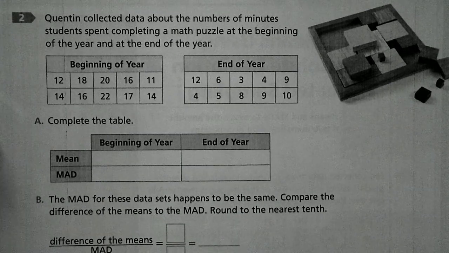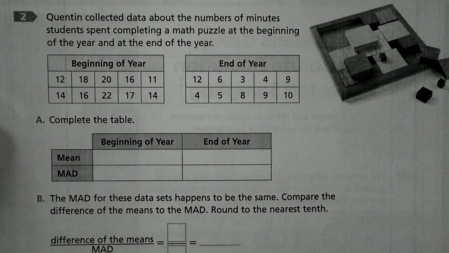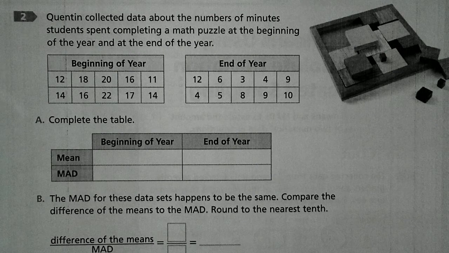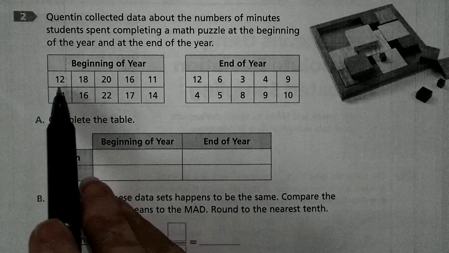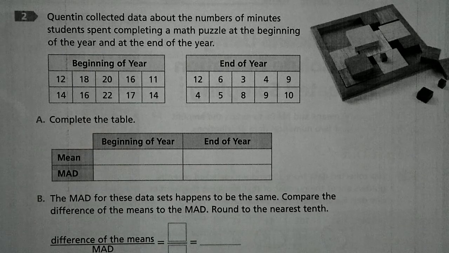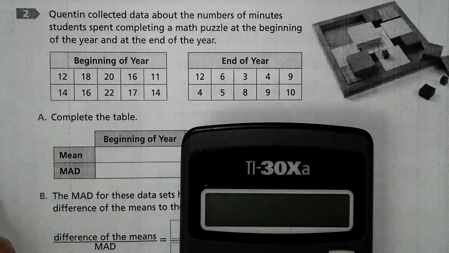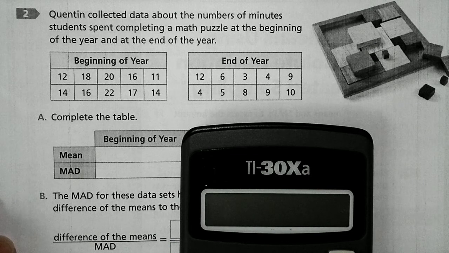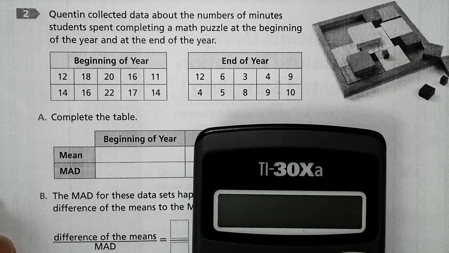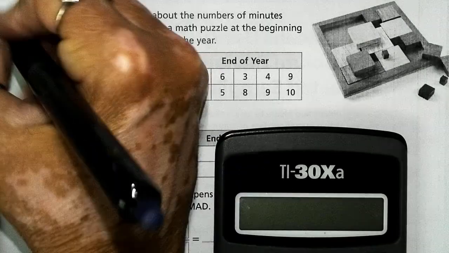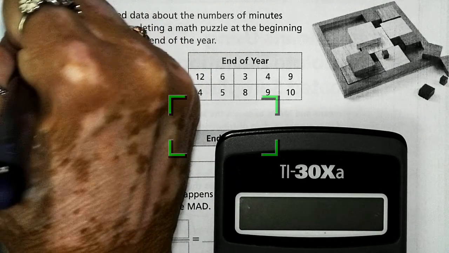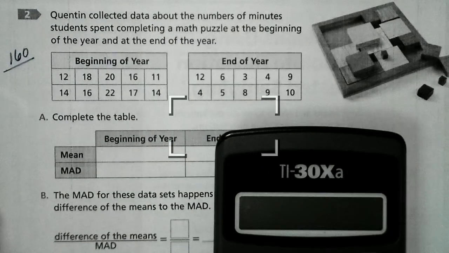So we're going to complete the table. So we're going to find the mean. And remember, we find the mean by adding all the data points. So we're going to add 12, 18, 20, 16, 11, 14, 16, 22, 17, and 14. So when I do that, I get 160.